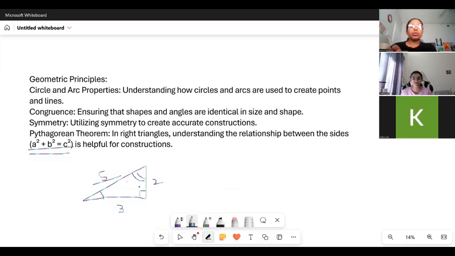And this is important for constructions, and it's really easier too in high school when you know the pairs of Pythagoras' theorem and everything. So for example, you have a 2, 3, 5 triangle. So what this basically means is 3 squared plus 2 squared equals 5 squared.